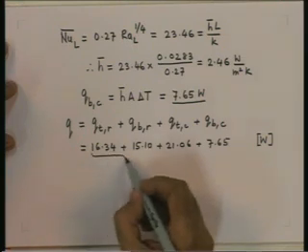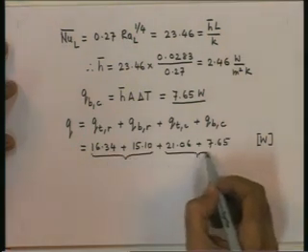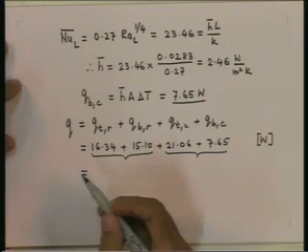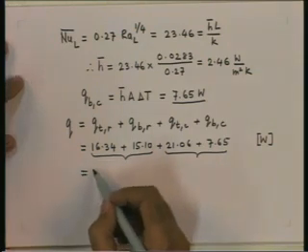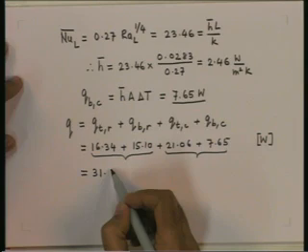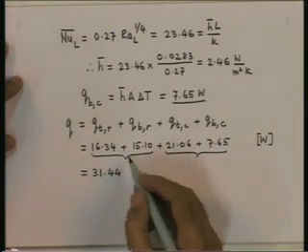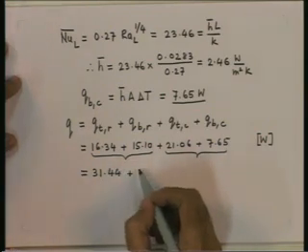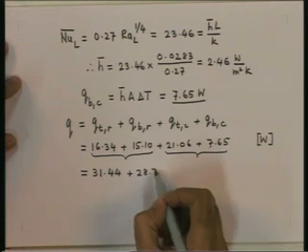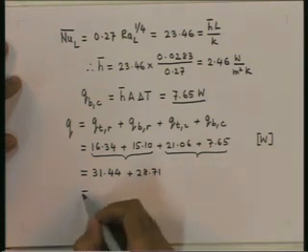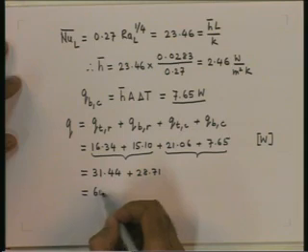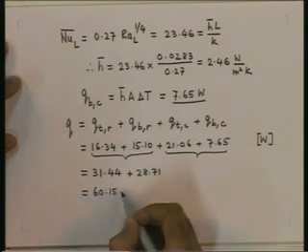Let us compute the sum of the radiative component and that of the convective component separately. So, radiative component total is 31.44 watts, convective component total is 28.71 watt. So, the total is 60.15 watt.